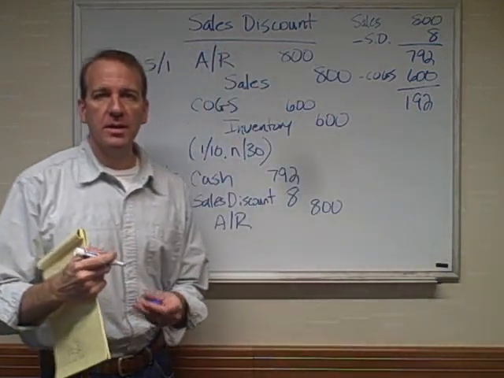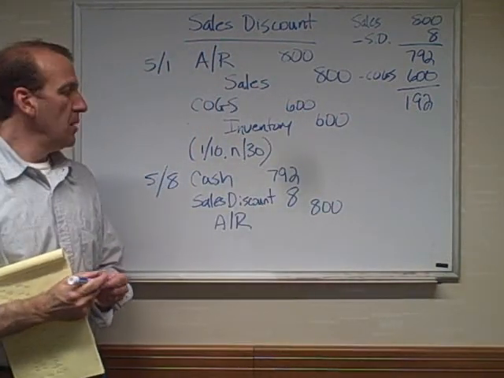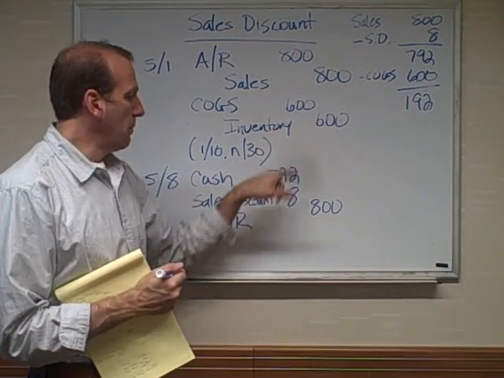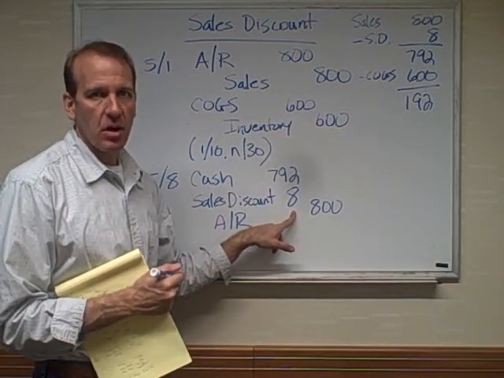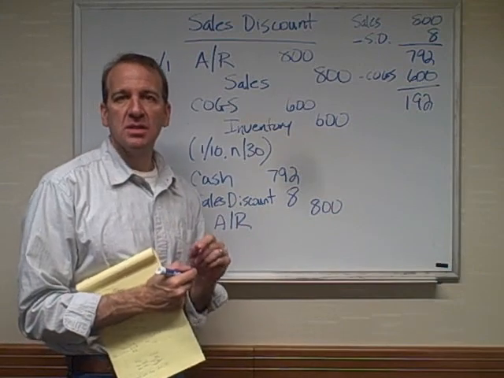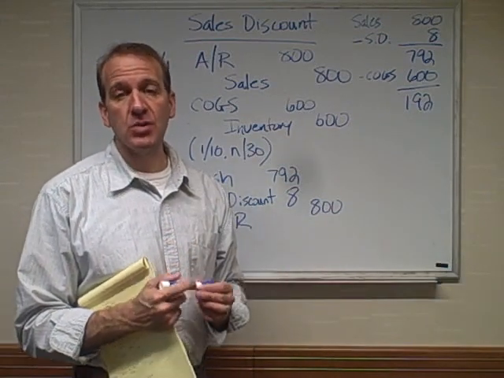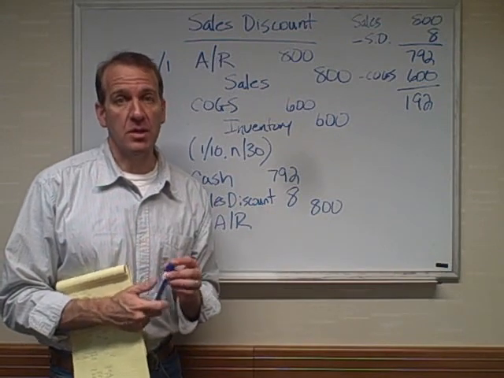Okay, so there is our profit. It's $192 because previously it was $800 minus the $600, $200, but we're giving them a discount of $8. We want to track the sales discount separately so that we can know how much discounts our customers are getting from us. How much are they taking advantage of?